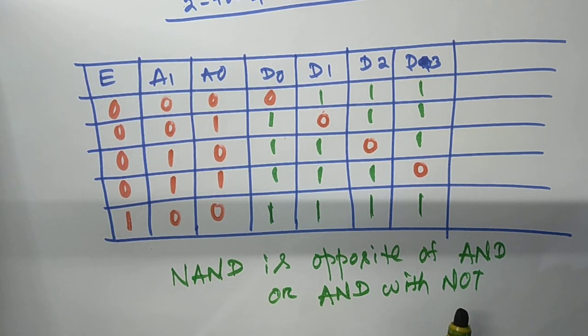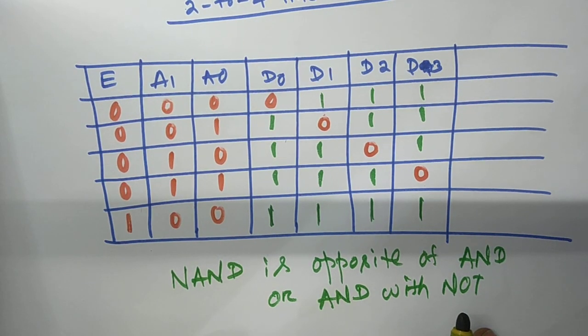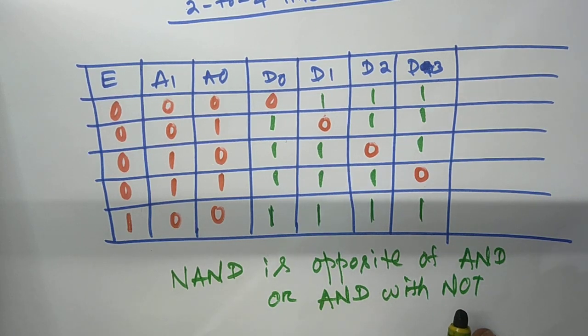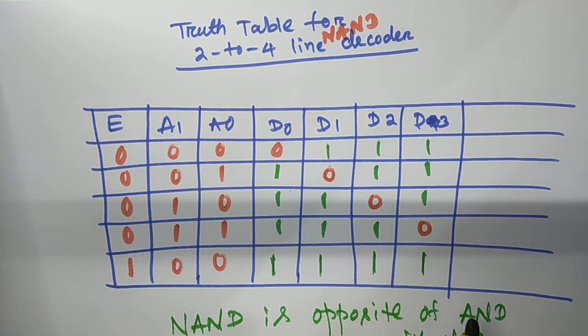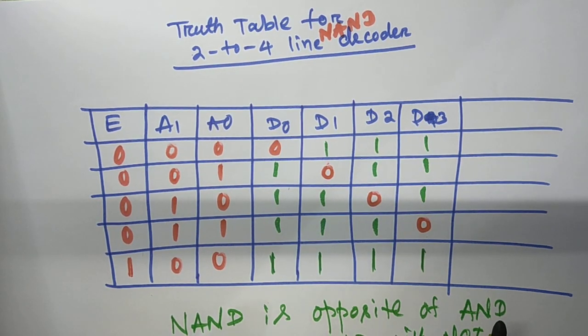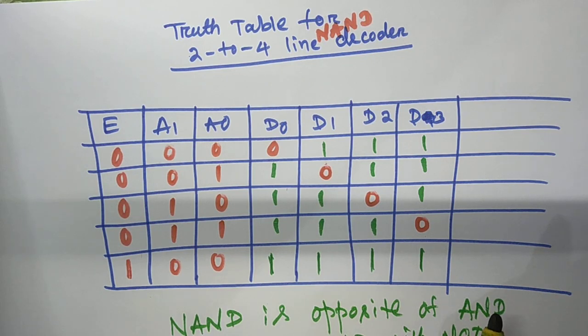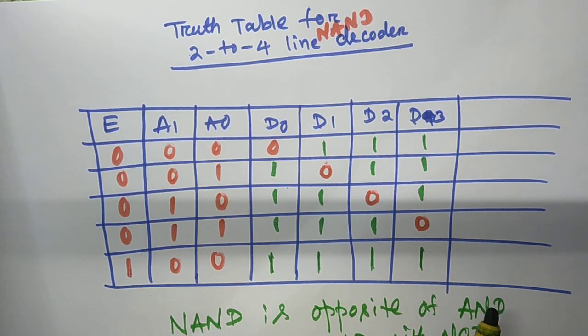I will tell you how to design a 2 to 4 line NAND decoder. This is the basic truth table I defined here. I hope all of you understand this NAND decoder. Previously we discussed the 2 to 4 AND decoder, or simple 2 to 4 decoder.